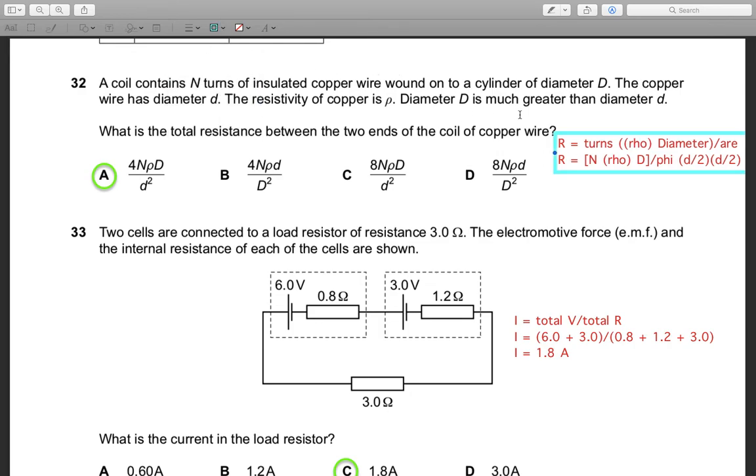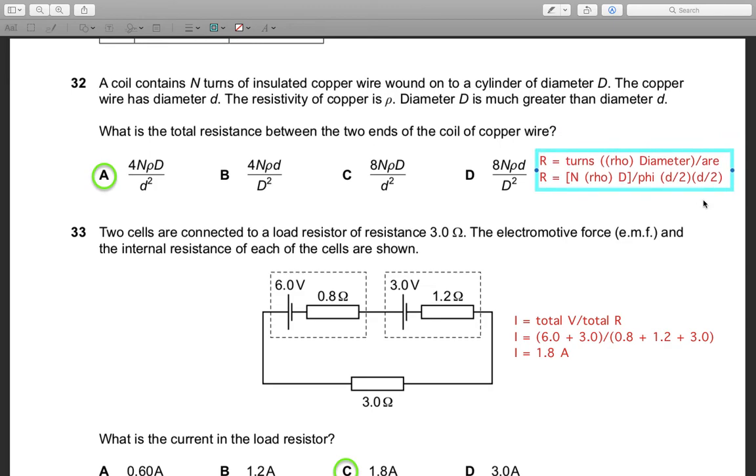So the length of one turn is pi D, capital D, and the area is pi r squared. r equals d divided by 2, so 2 times 2 equals 4, which goes up and becomes 4. So 4 N, the number of turns, rho, capital D, divided by d squared. Okay, the correct answer is A.